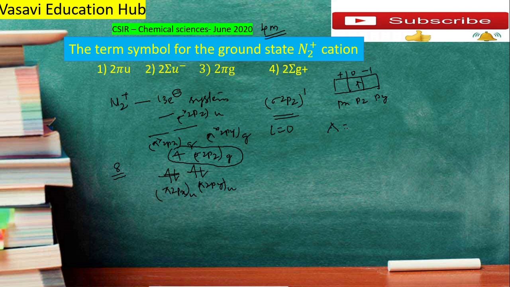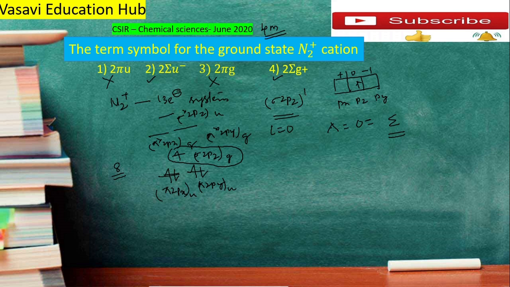So the lambda value is 0, student. Lambda equal to 0 means the term symbol is sigma only, right? In the given options, students, only the second and fourth options have sigma only; the remaining are pi terms. So you can eliminate options 1 and 3. That is very, very important.